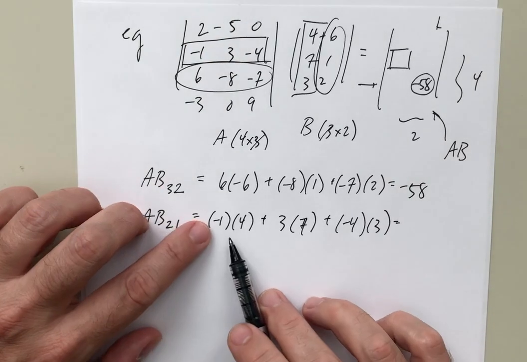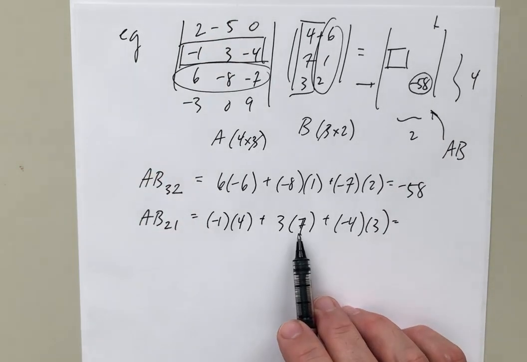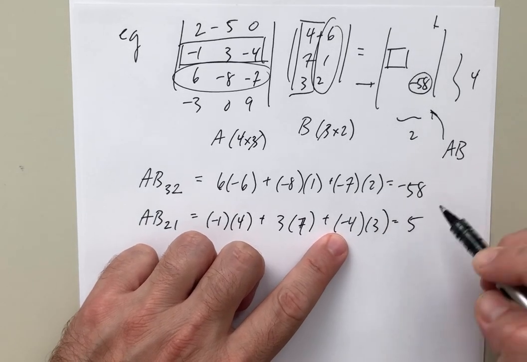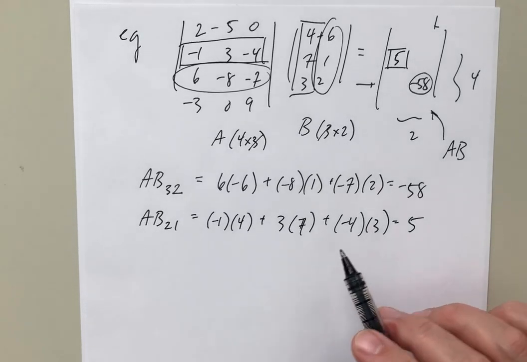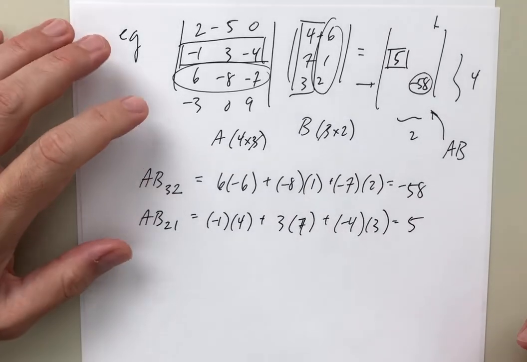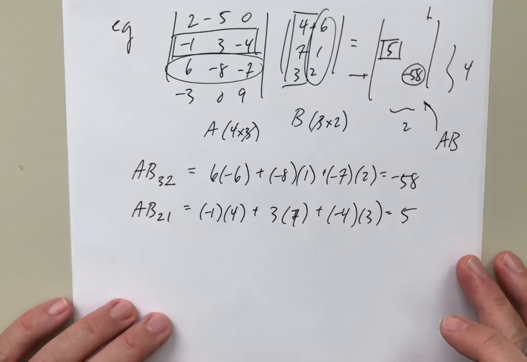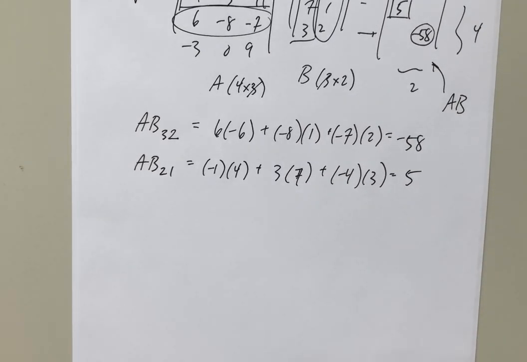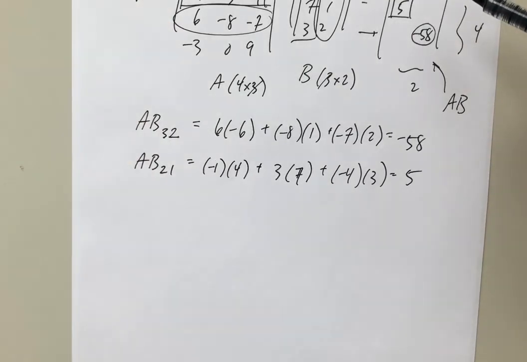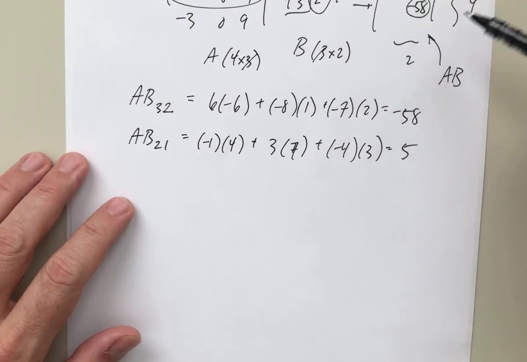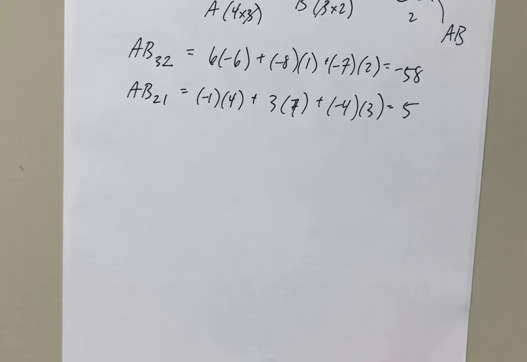What is this going to be? This is minus 4 plus 21, so that's 17, and minus 12. I think this is 5. Yeah, that looks good, and that's that entry. This is a trick where you can do this for all the entries of the matrix and get all the entries. But if you only wanted certain entries, this would be a lot quicker than the previous definition.